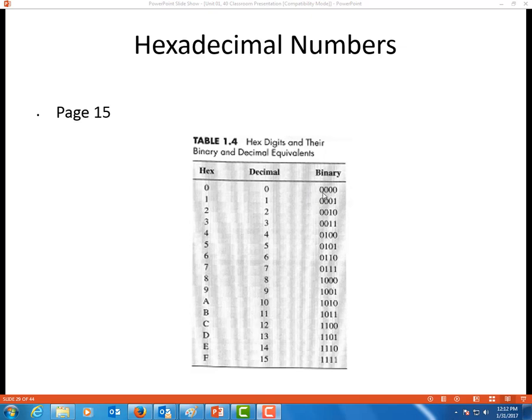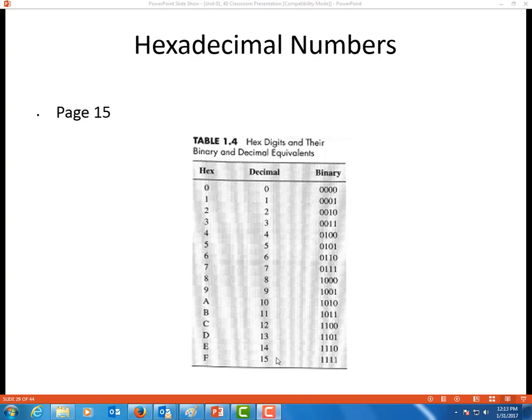But anyway, there are 4 bits, so the lowest value a nibble can hold is 0, if they're all 0. Now, the highest value a nibble can hold in binary is if all the digits are high, or a 1. So this is 1 plus 2 plus 4 plus 8.